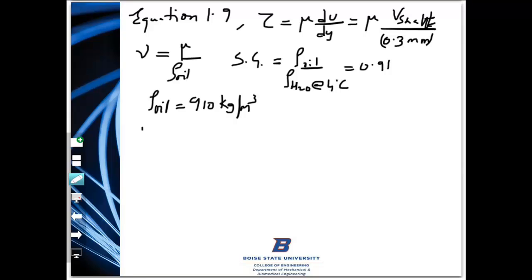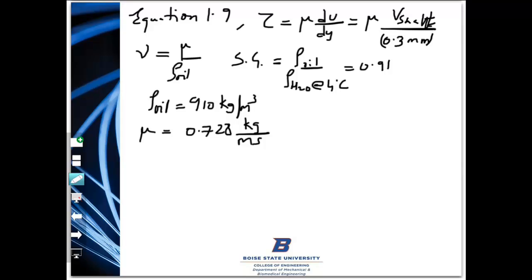So that will then give us the absolute viscosity, which would be the kinematic viscosity, which we know, times the density we just calculated. So the absolute viscosity will be 0.728 kilogram per meter second.